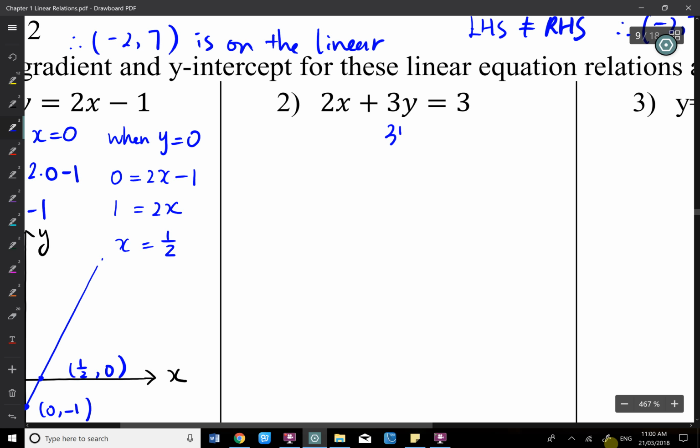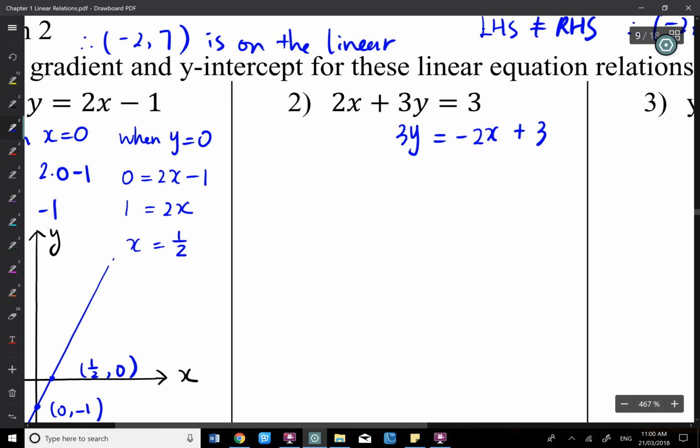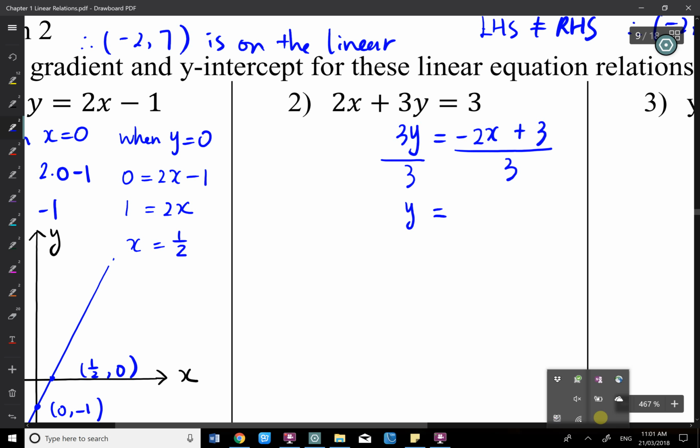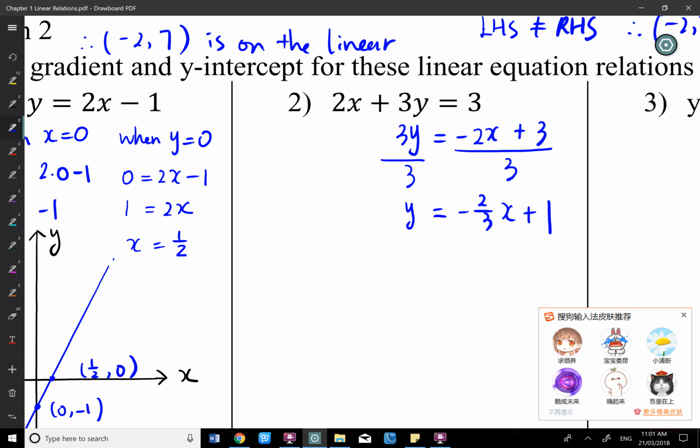We keep the 3y here and we minus 2x on each side of the equation. And then we need to divide 3 on everything. So what we have is y equals negative 2 over 3 x plus 1. Divide 3 on everything.